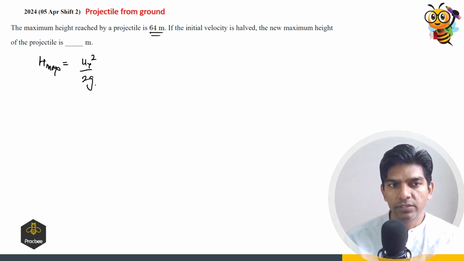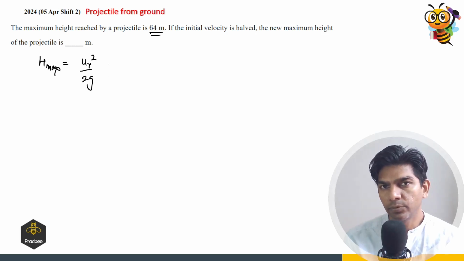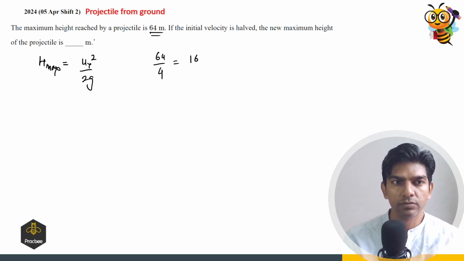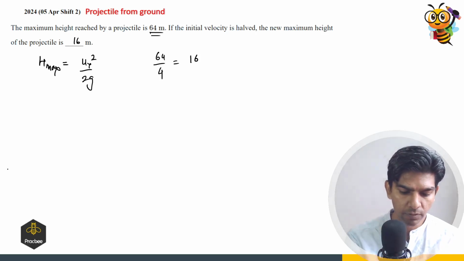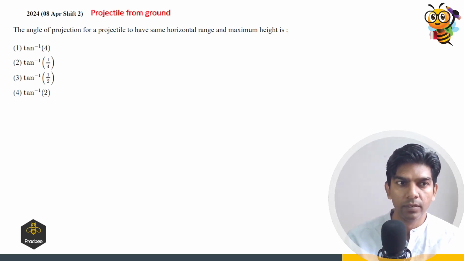Now if the velocity is halved, since h max is directly proportional to square of the velocity in the vertical direction, right? So we can say if we halve the velocity, the h max will become 1/4. So 64 divided by 4, that will be 16. So 16 is the answer of this question. So in this case, we are projecting in the upward direction. There is no horizontal component.